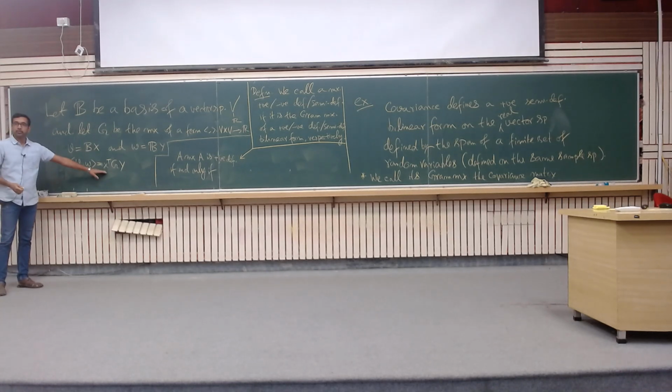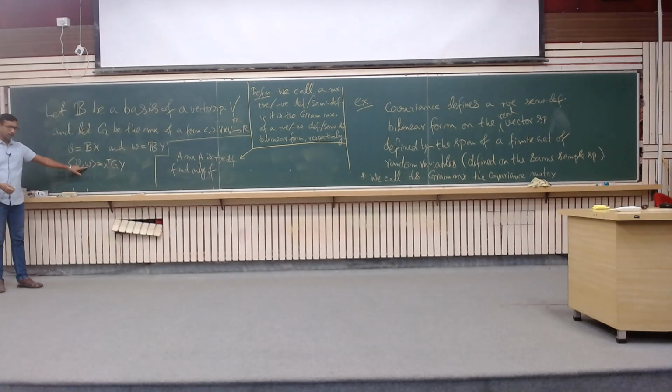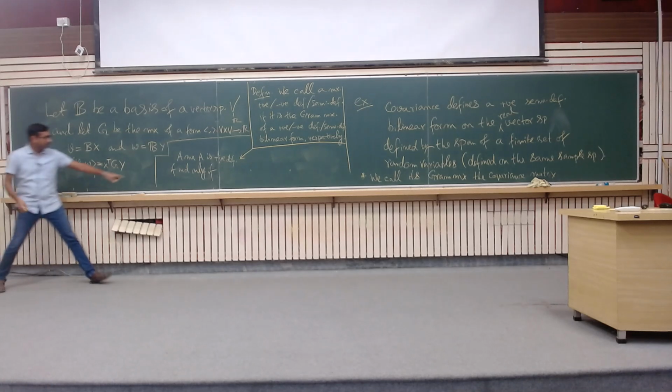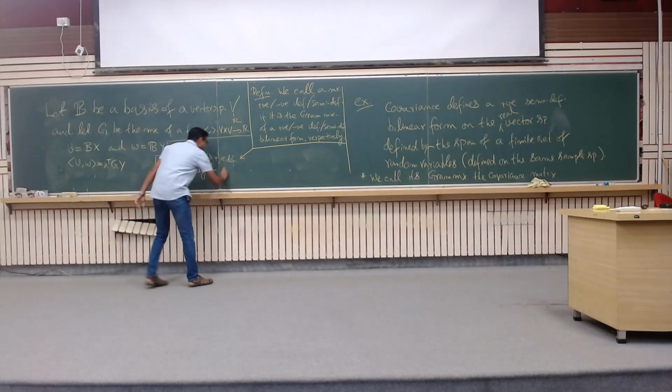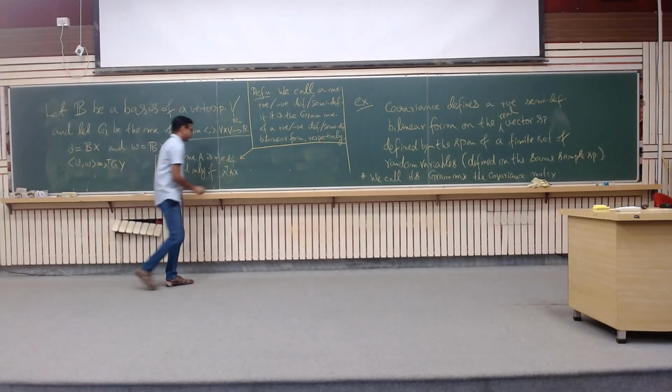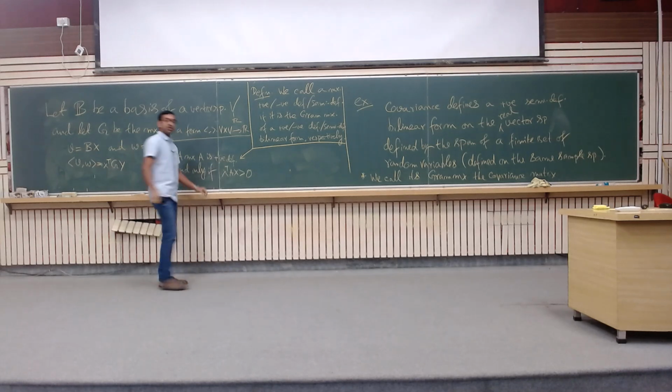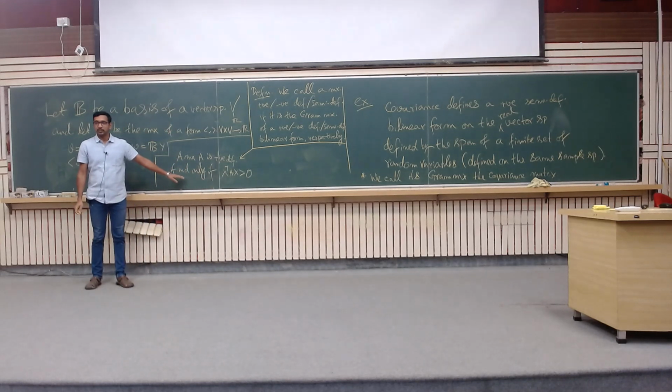Putting V in both arguments, you get X transpose Gx. Here we took the matrix to be A, so X transpose Ax would be positive. That's the definition of a positive definite matrix, and similarly you can get the other ones.